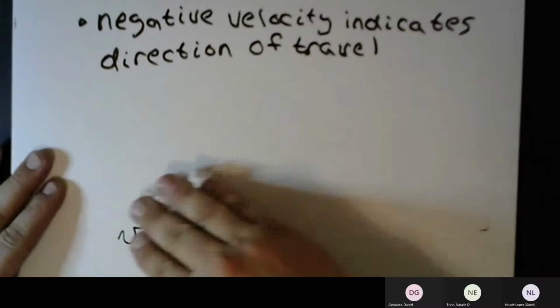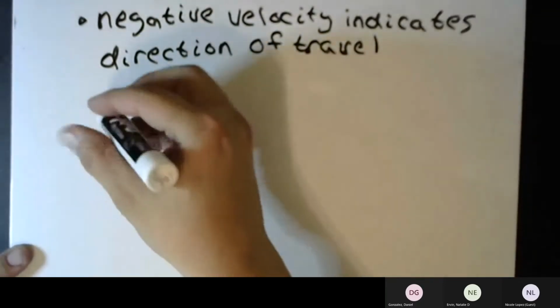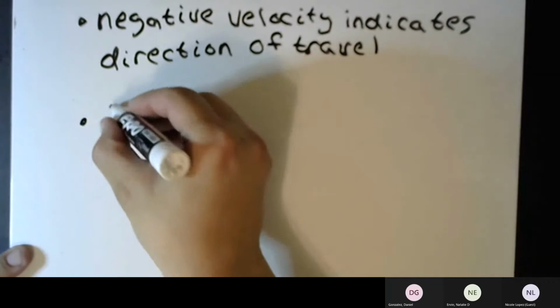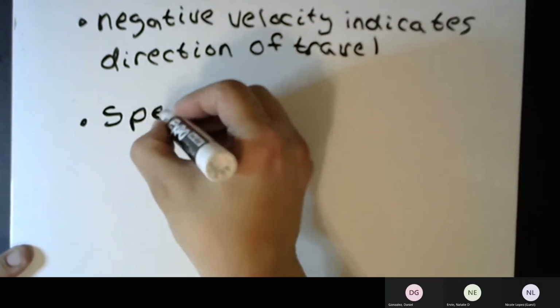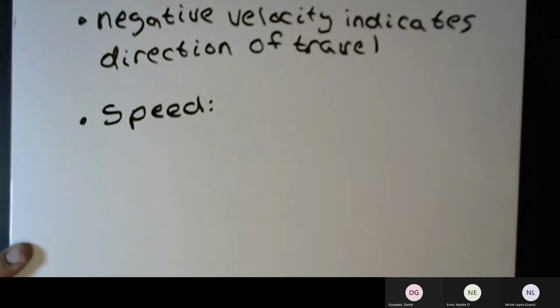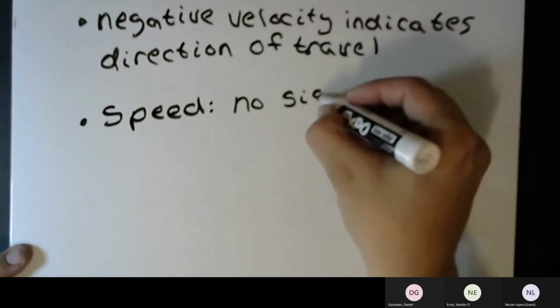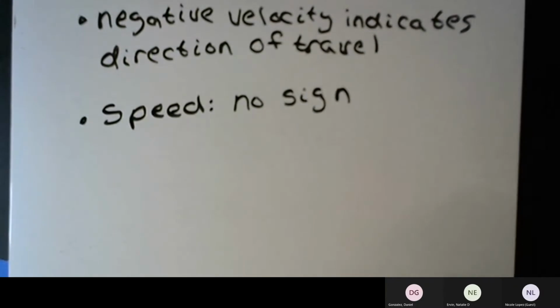So what we're going to do is, let's say we're not interested in direction of travel. We just want to know how fast you're going. And so that is going to be speed. In this case, there's no sign with speed. We just want to know how fast you're going. We're not interested if you're traveling from Roswell to Vaughn or backwards from Vaughn to Roswell.